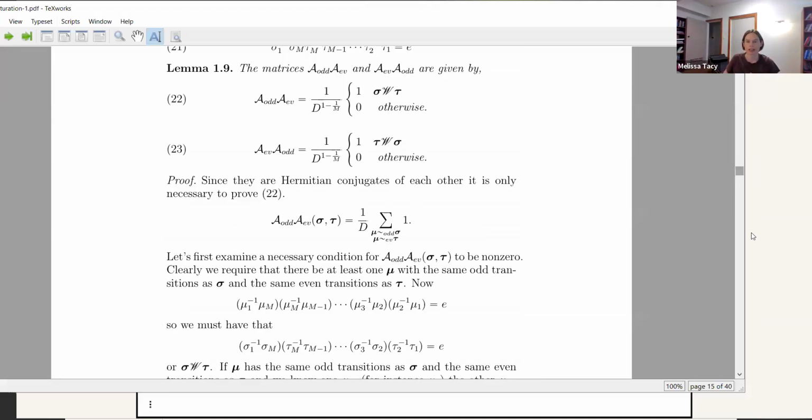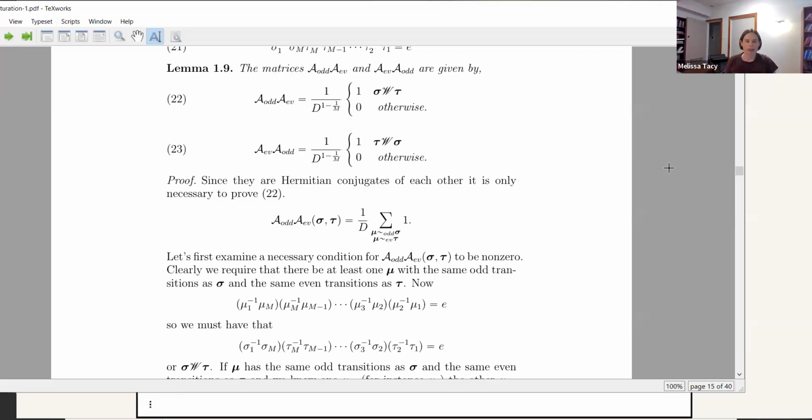And I express this in terms of the weaving operator. So the elements of these matrices are 0 if sigma and tau don't weave, and otherwise it's given by 1 divided by some factor of the dimension. So remember that D is given by n factorial to the m.